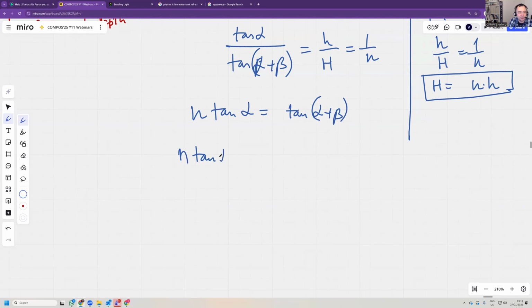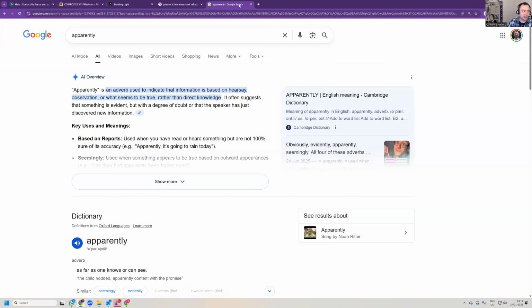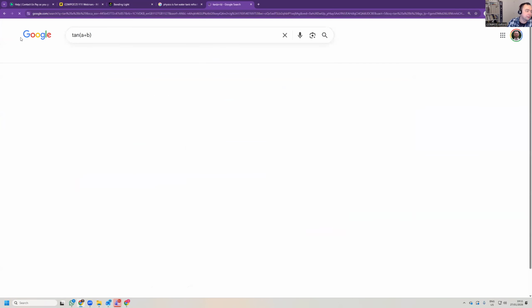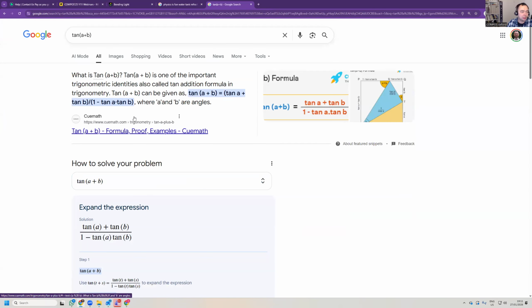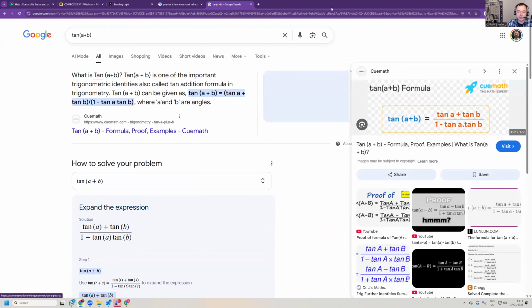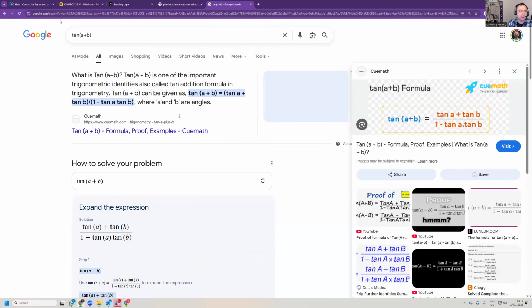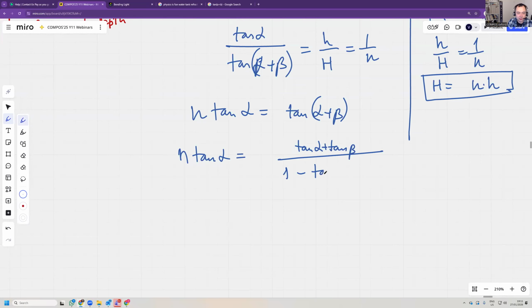N tan alpha is equal to, using the tan A plus B identity, tan alpha plus tan beta over 1 minus tan alpha tan beta.